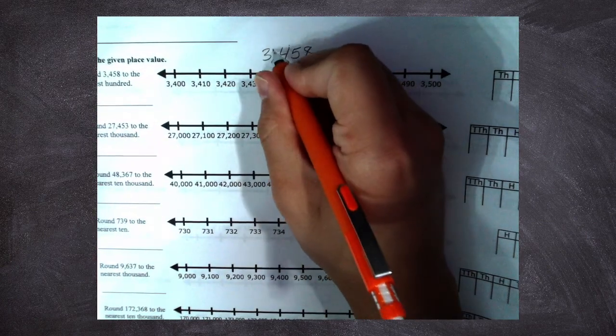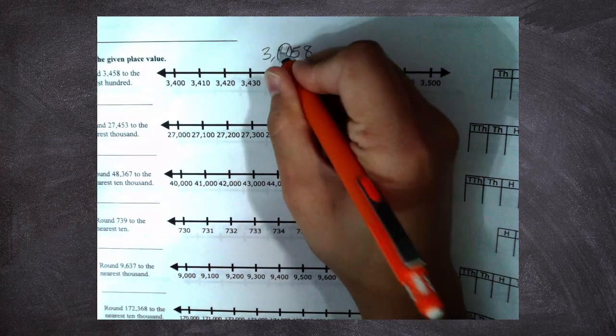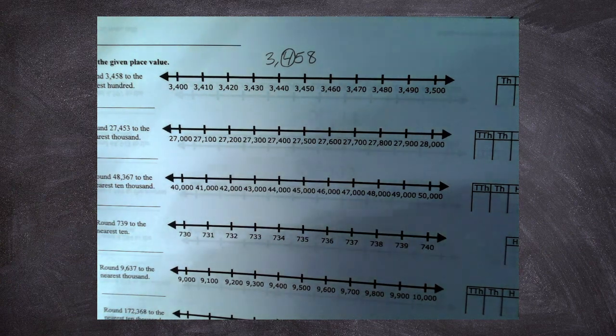So they want to round not the thousands place. They want to round the hundreds place. You don't have to round the biggest place value. You can round a smaller place value.